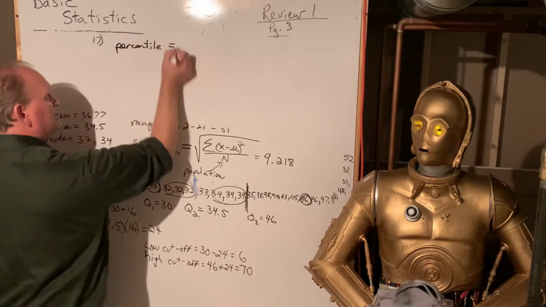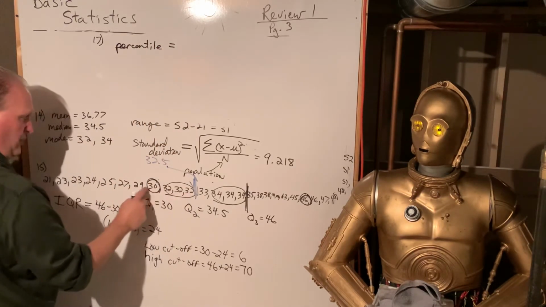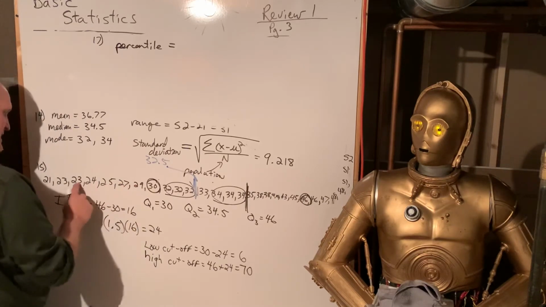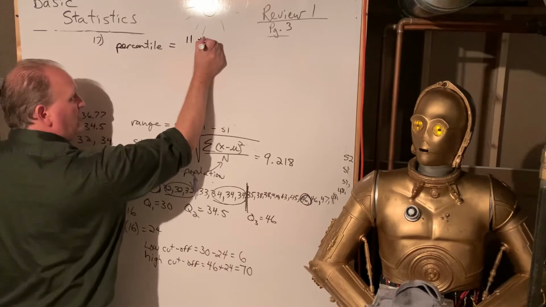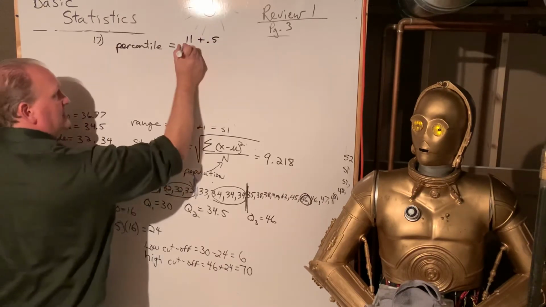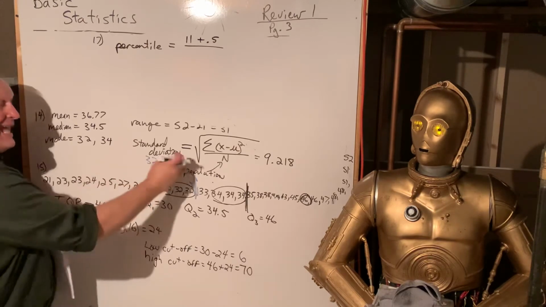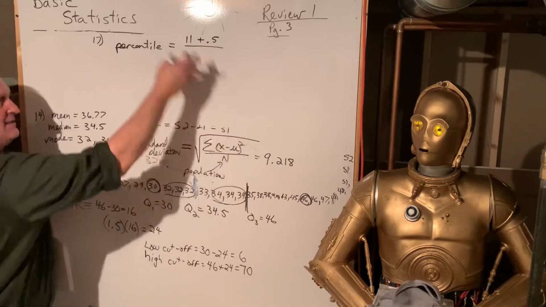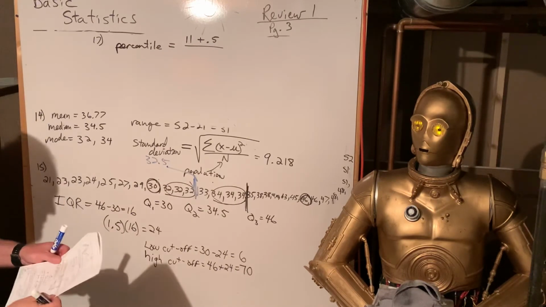How many pieces of data did it beat? Well, 1, 2, 3, 4, 5, 6, 7, 8, 9, 10, 11. And you always add 0.5 to that. 0.5 is a constant, so however many pieces of data it is ahead of in the set, plus 0.5, and then divided by how many pieces of data there were in the set.